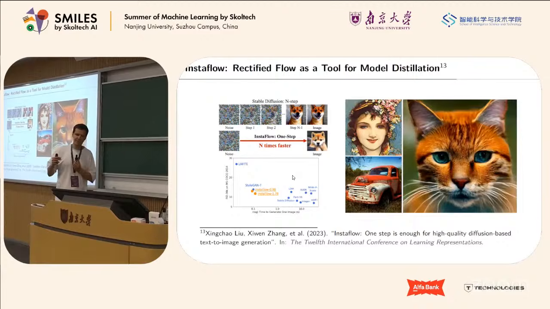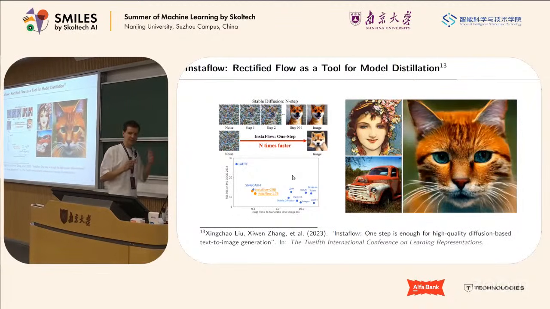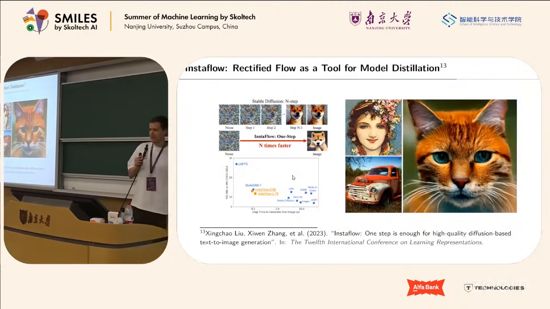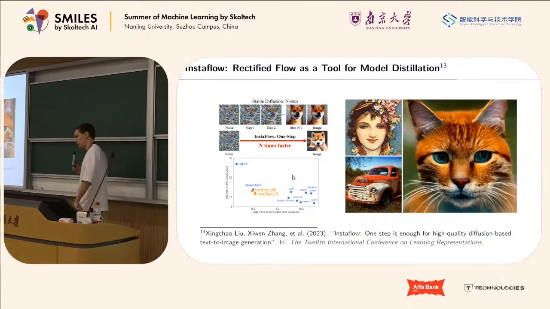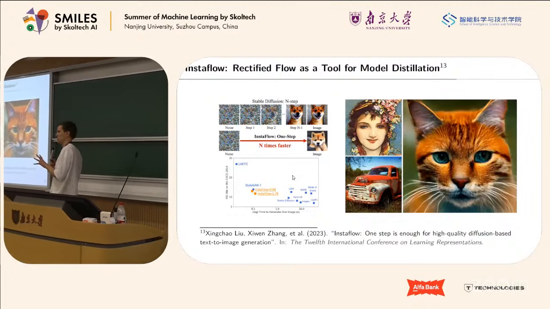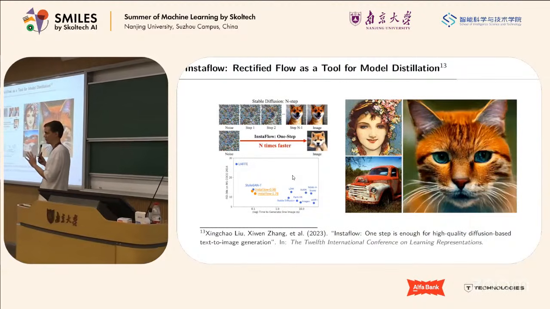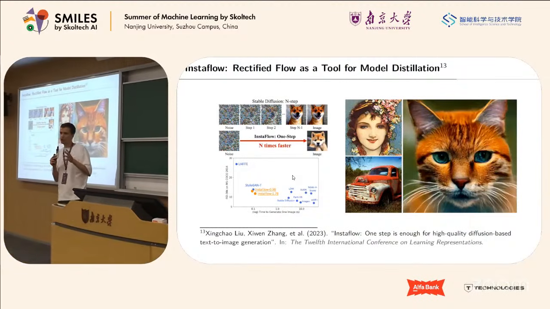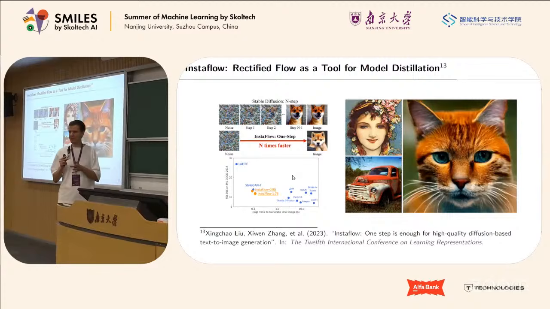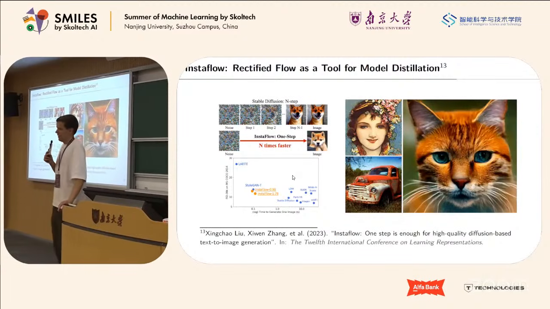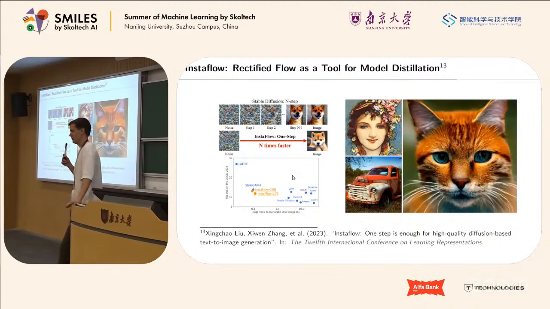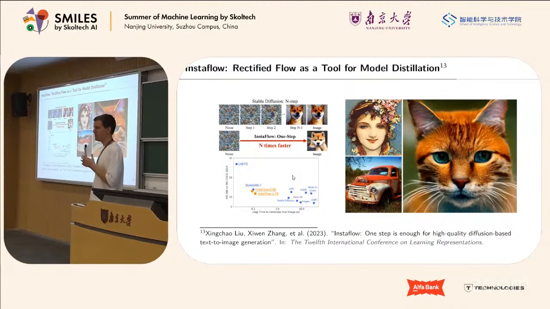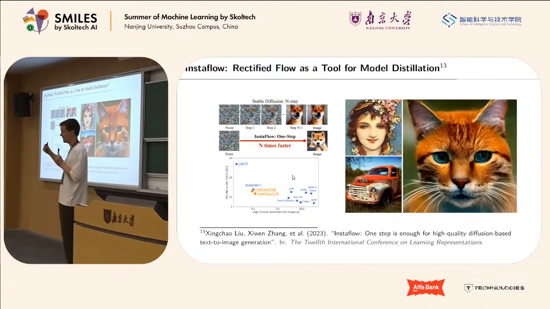published a paper where they showed that this paradigm of flow matching can be used for something slightly different from what I was talking to you about. They showed that you can apply this paradigm to distill diffusion models. In diffusion models you do generation by a stochastic differential equation.